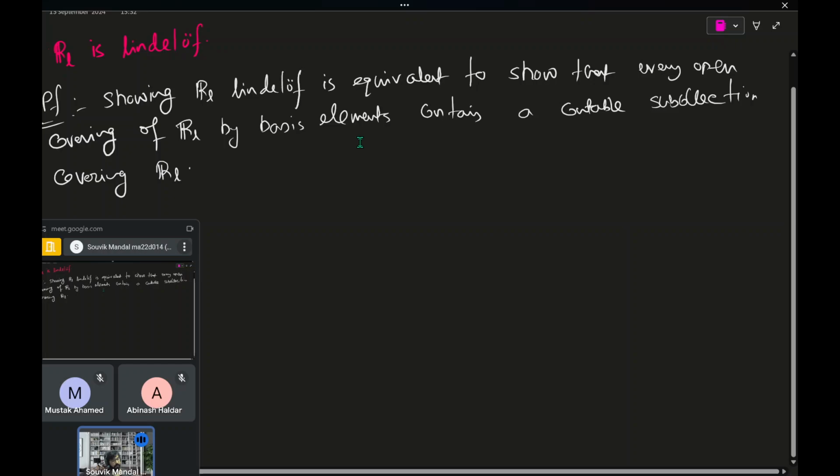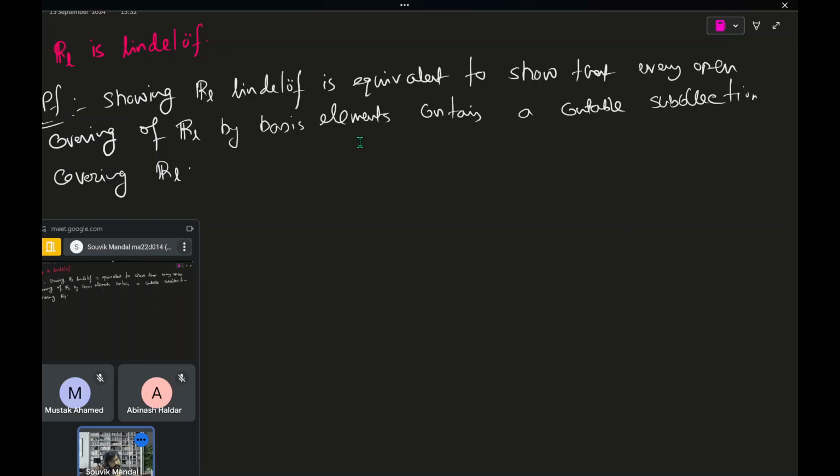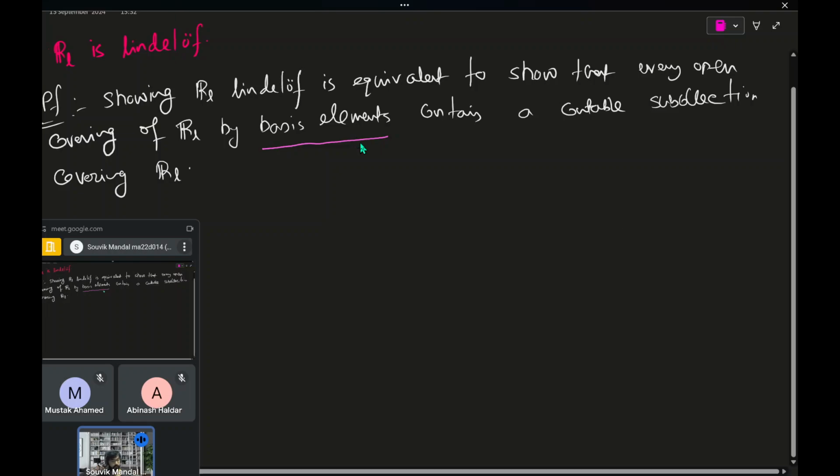Every open covering of R_l by basis elements contains a countable subcover. This is what we need to prove. So start with the countable subcover.